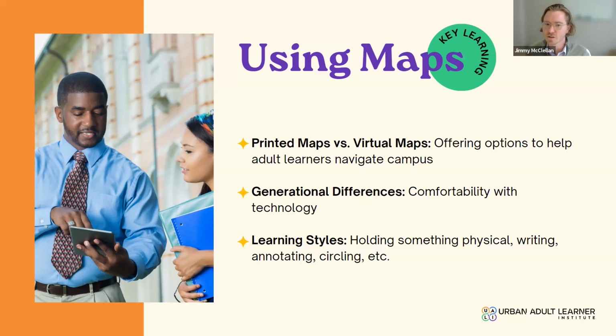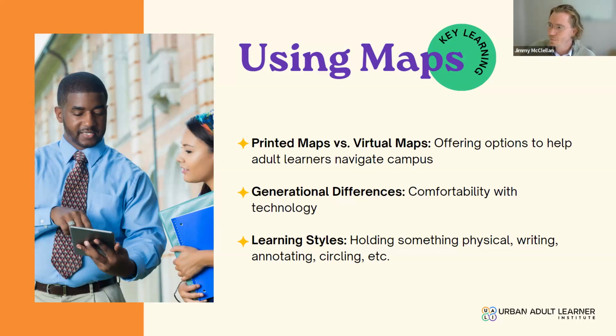And that kind of connects to those generational differences. When we're talking about adult learners, at this point, we're talking about many generations. I don't know if we can include Gen Z just yet, but certainly millennials, Gen X, and so on may have some different experiences or comfortability with technology. So how do we make sure that is thought about, as well as those different learning styles?